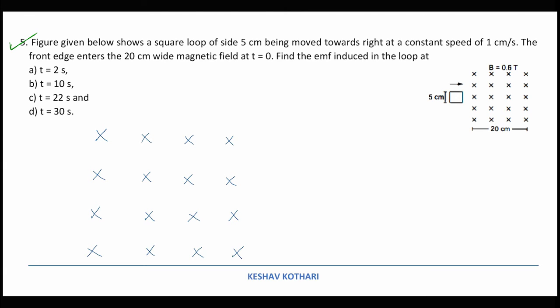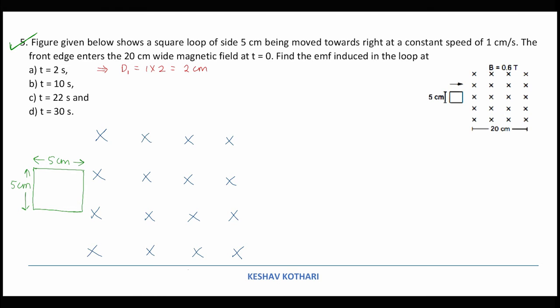The square loop which is entering into this region is initially located at this junction, having a side length of 5 centimeters. Now I calculate the different distances which it is going to cover in the respective times. In 2 seconds, the distance which the front part of the loop is going to cover is equal to 1 into 2, that is 2 centimeters.